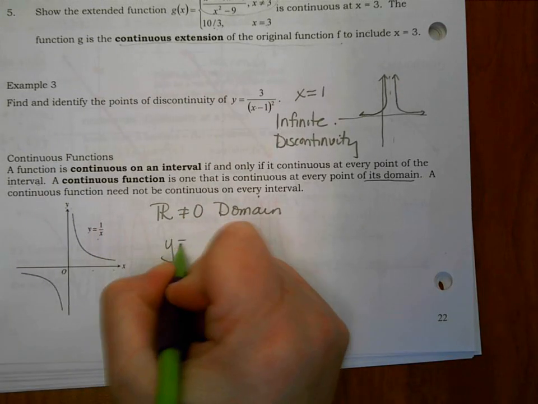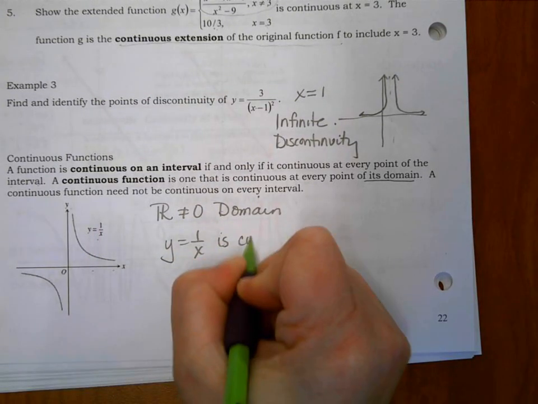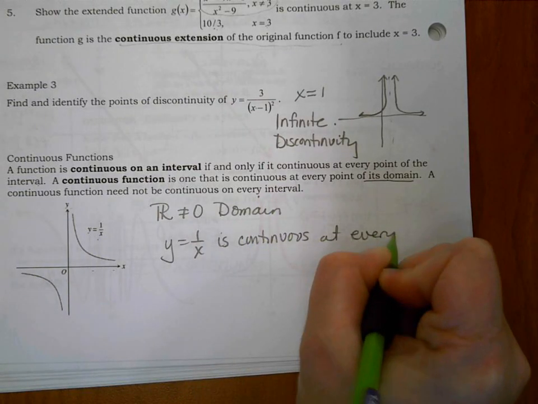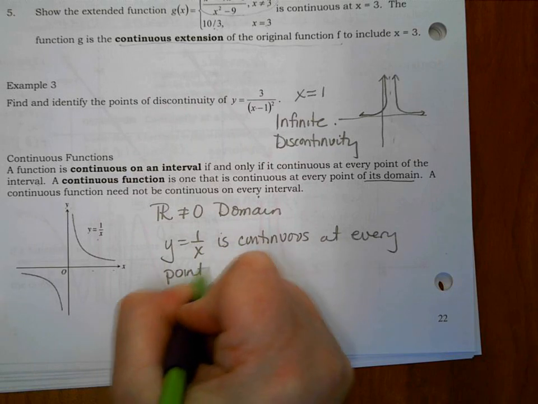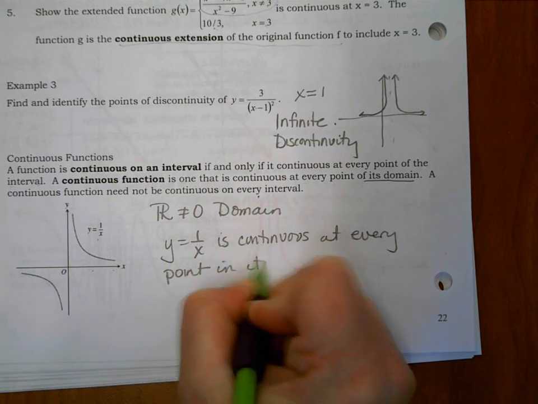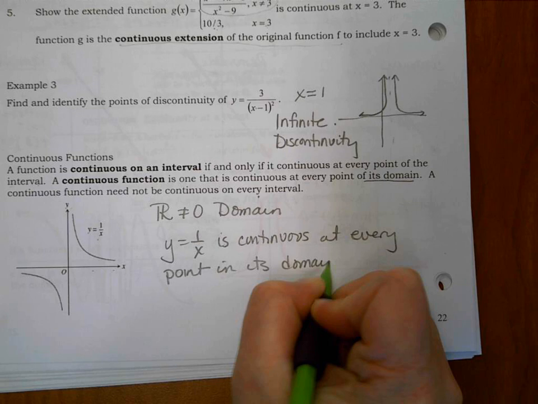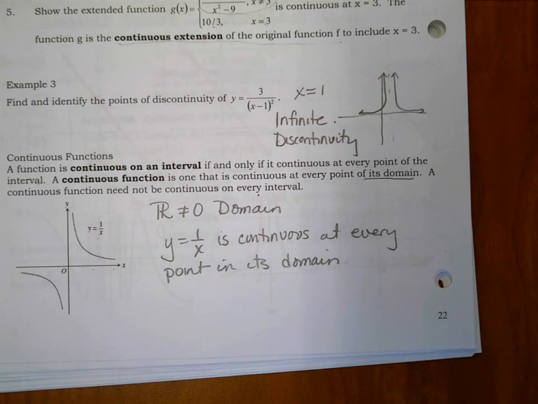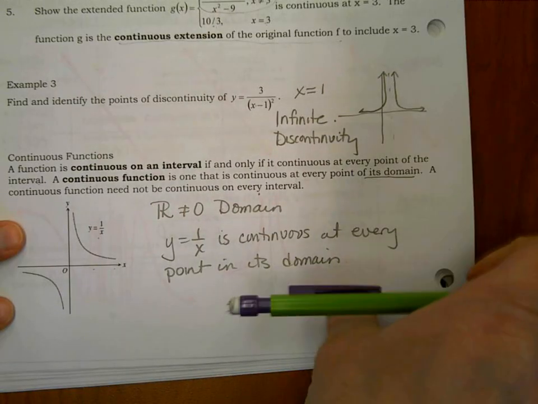So y equals 1 over x is actually continuous at every point in its domain. It's kind of like a trick. So we can say this is a continuous function because 0 is not included in the domain. Now if I said, is this continuous at 0, you'd say, nope, it's not. It's an infinite discontinuity.